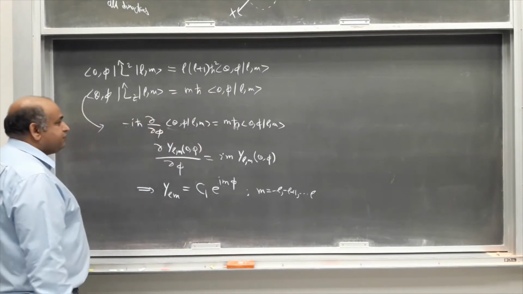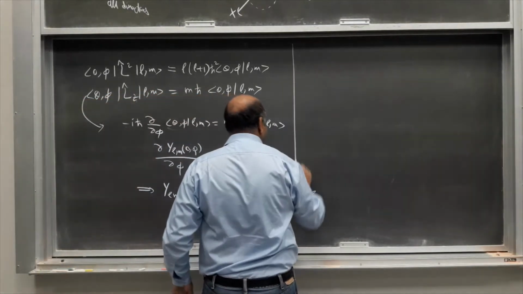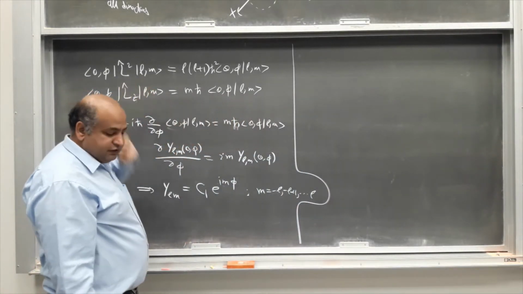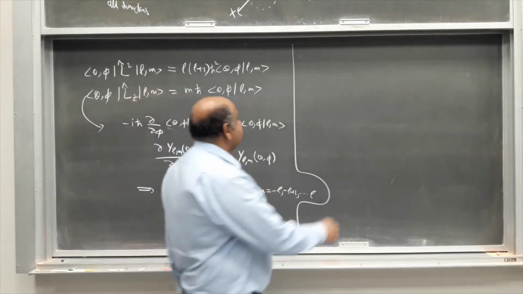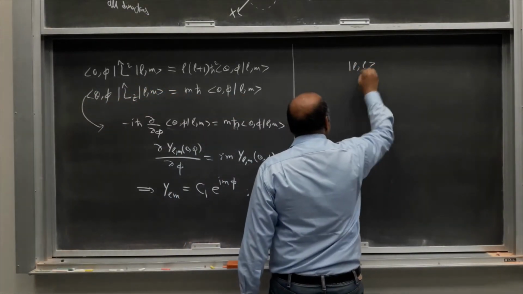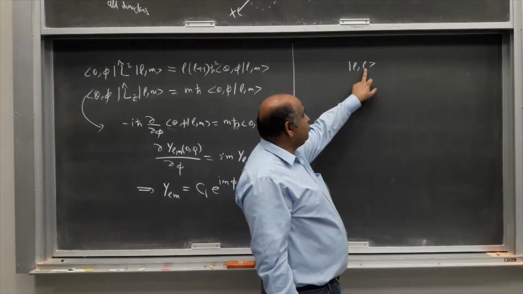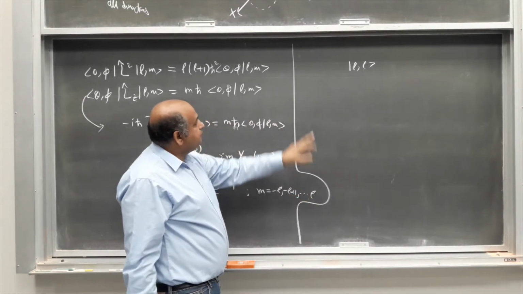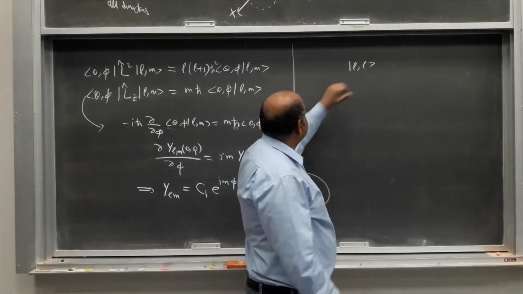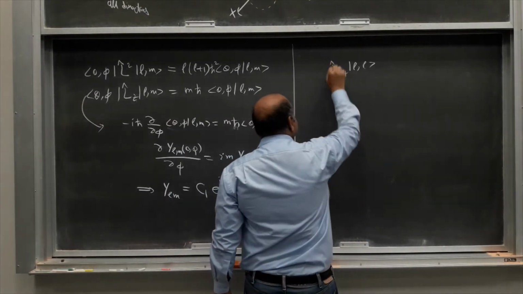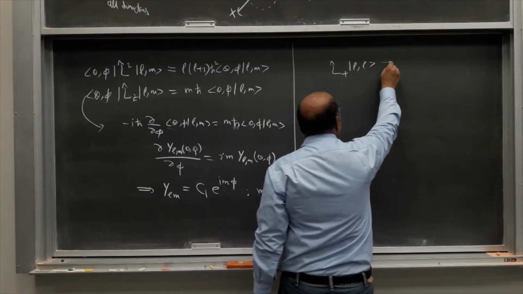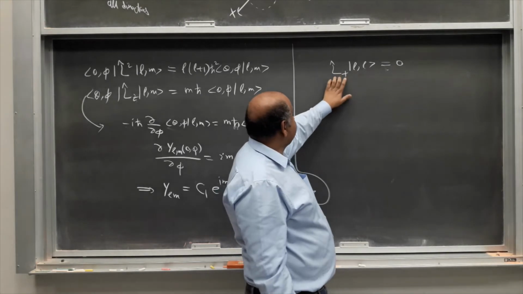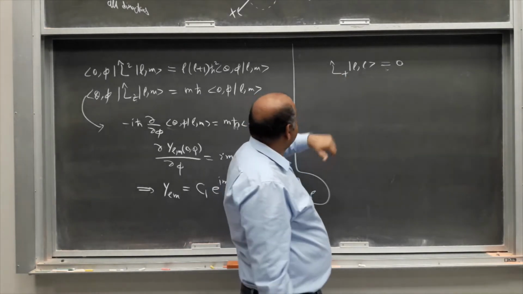So we'll use the same approach here. Instead of solving this equation directly, I will just try to find the state with the maximum value of m, because m goes from minus L to L. When m is maximum and I operate on it with the raising operator, I must get 0, because by definition this is the maximum value of m, and the raising operator cannot raise the state beyond this.